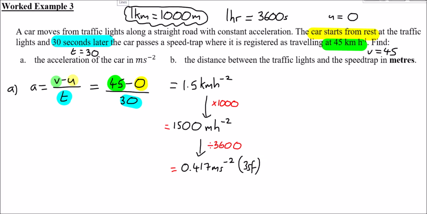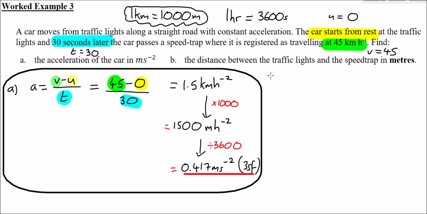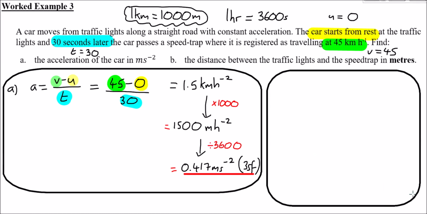We can have a think about tackling part B. So I'll just section off part A, a little box here, so you can have a look at part B. So for B, we want to work out the distance between the traffic lights and the speed trap in meters. So we can use the formula S equals half U plus V T. And what I'm going to suggest we do first of all is to use the initial units.